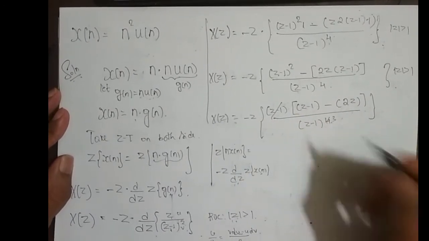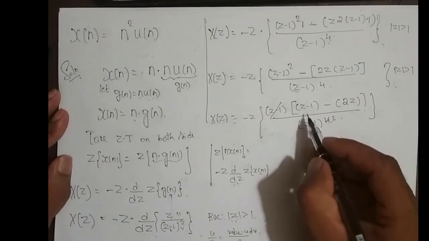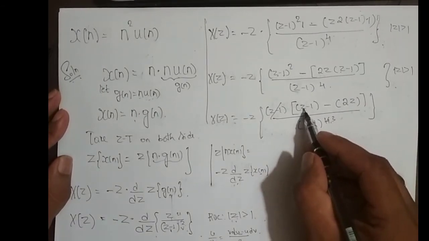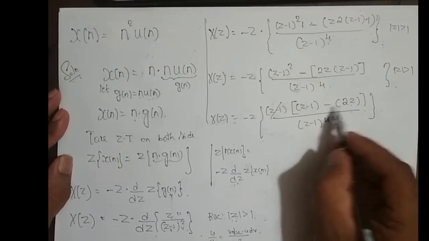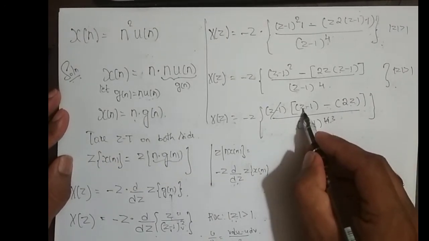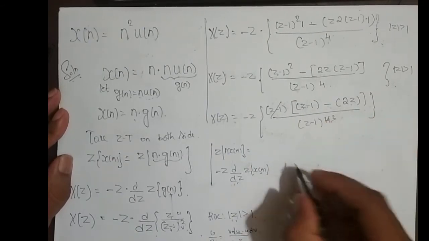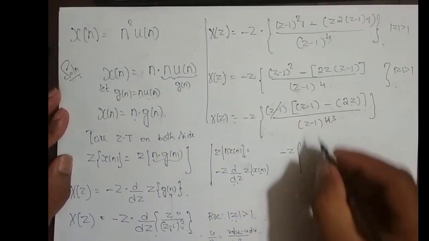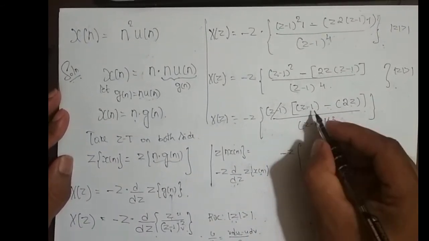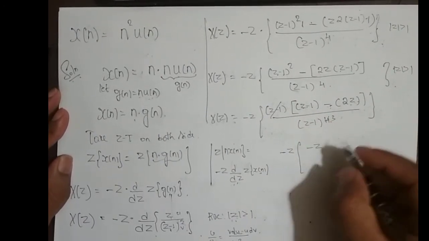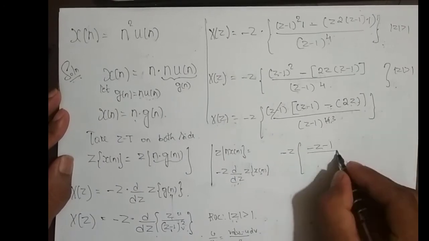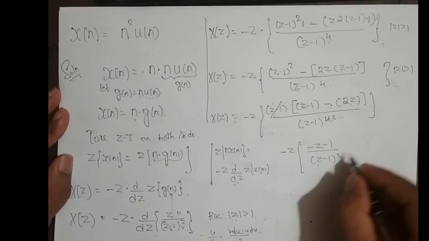One z minus 1 term in the numerator and one in the denominator cancel out. So the numerator ends with z minus 1 minus 2z, so minus 2z plus z is minus z minus 1. So minus z into (minus z minus 1) whole divided by (z minus 1) whole cube.